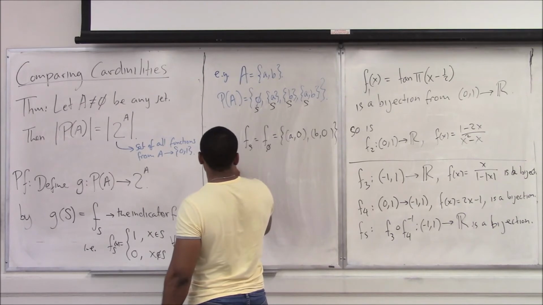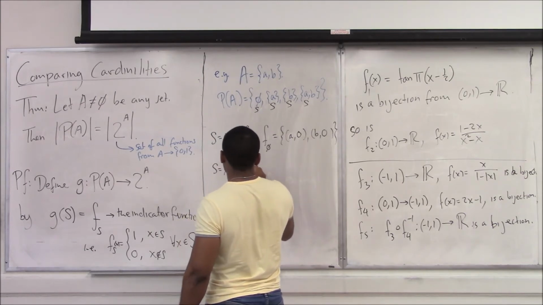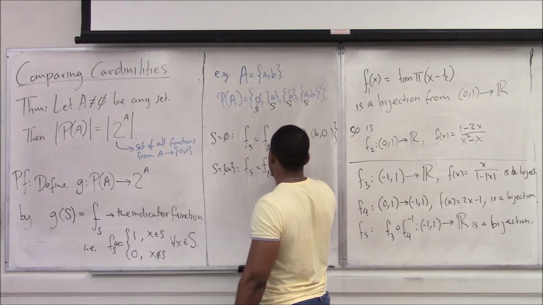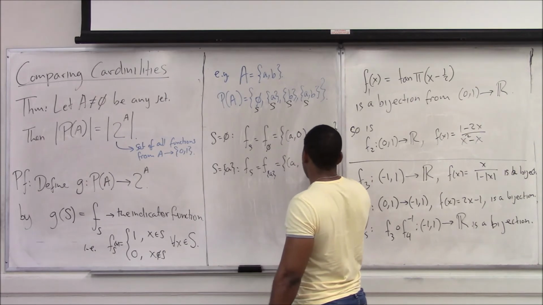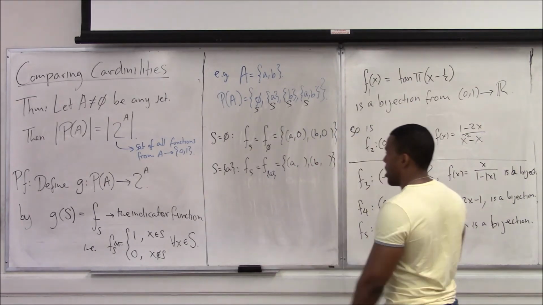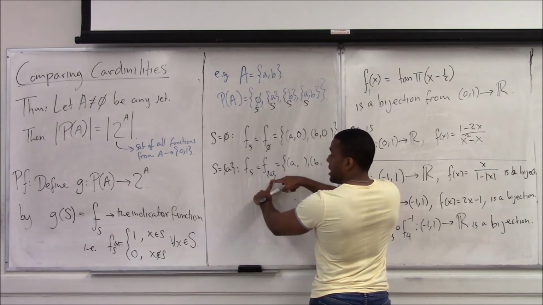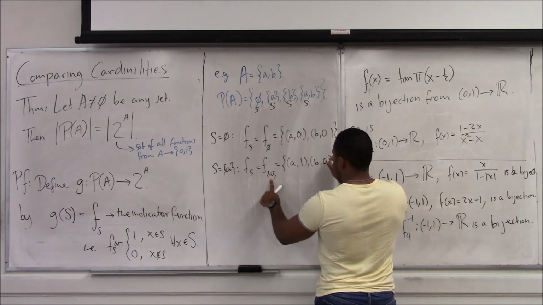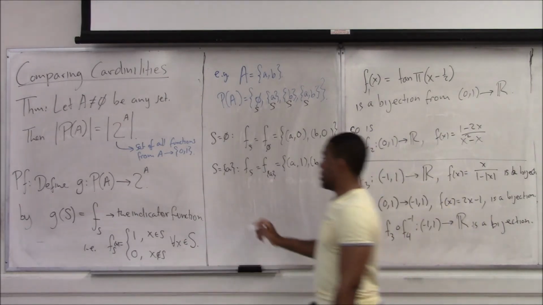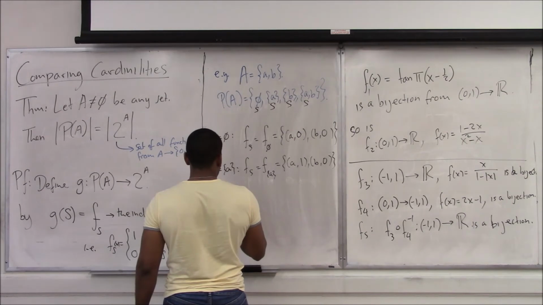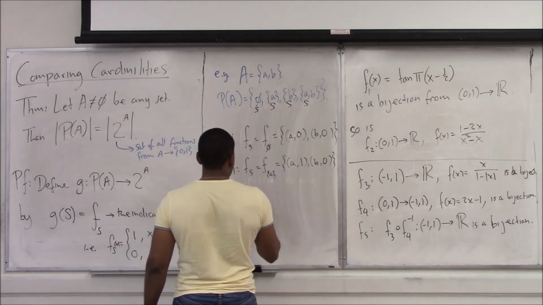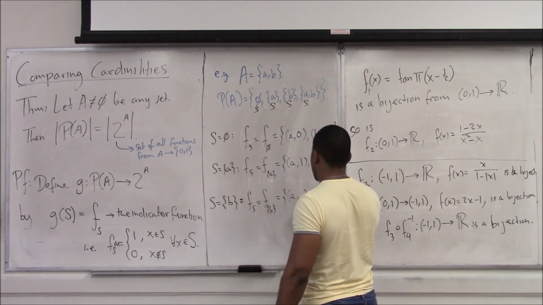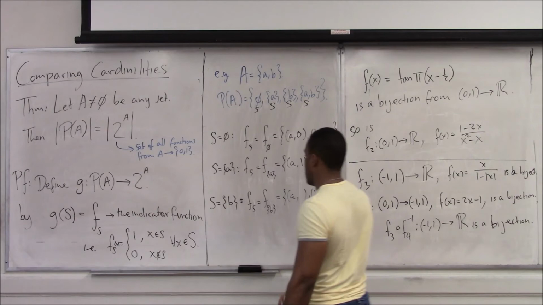Then I can look at the other subset, the subset containing A. Now my F sub S is F sub the set {A}. I look at A and B and decide, are they in the subset? Is A in the subset? Yes, so it outputs 1. Is B in the subset? No, output 0. If my S is the set {B}, then my F sub S is F sub the set {B}.